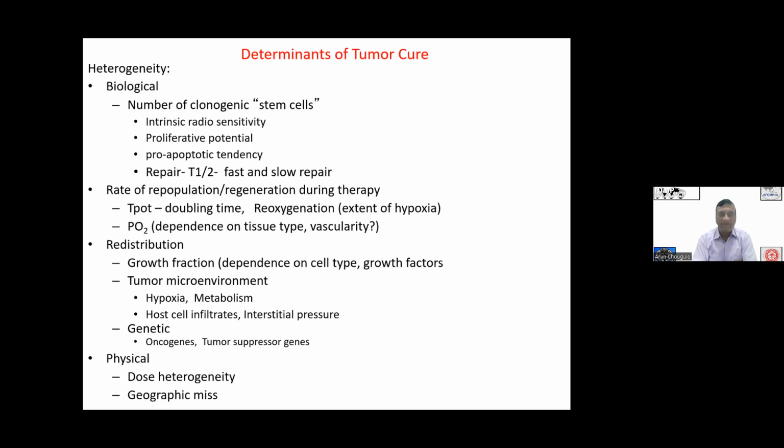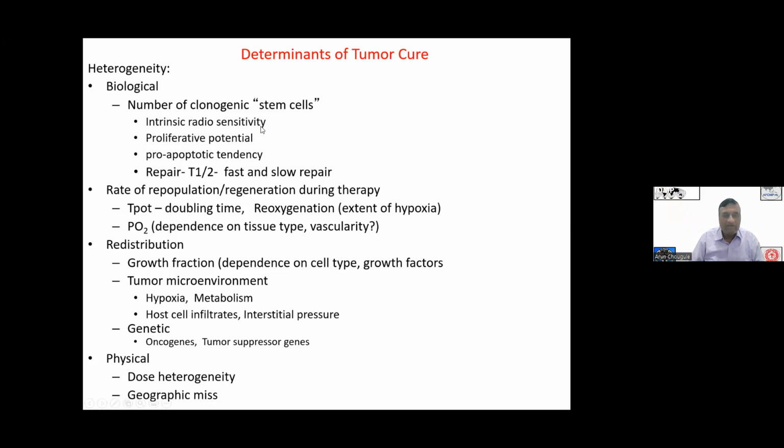Many times we find a T4 lesion completely regresses and we get a complete response, but in a T2 lesion there is a residual lesion. This is because the number of stem cells is more and we are not able to kill them. Again, the proliferation will start.